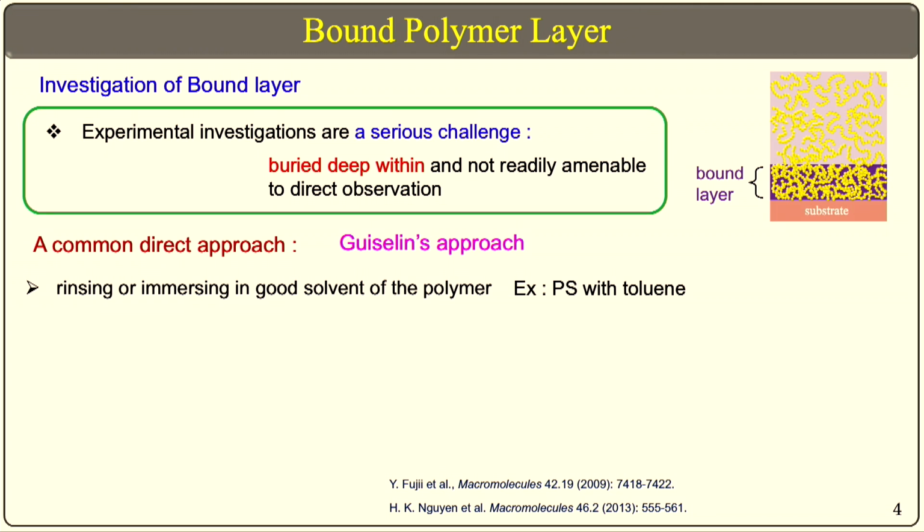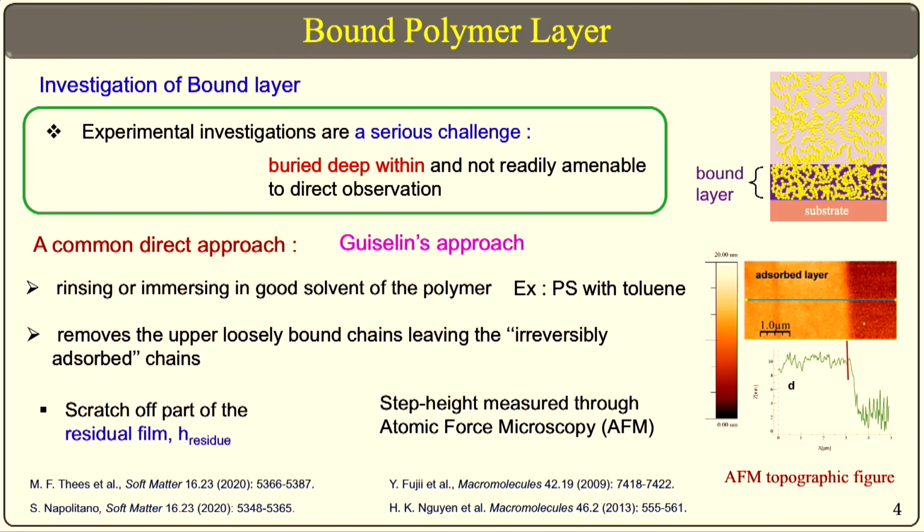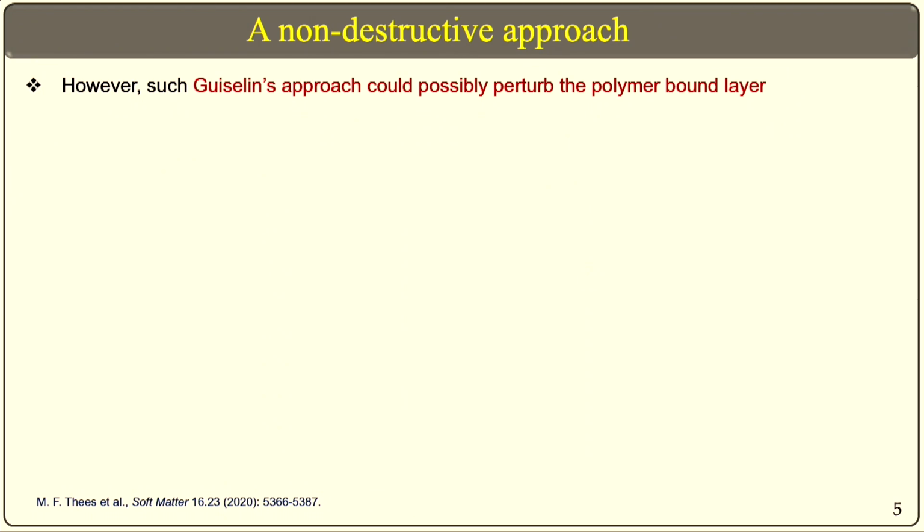We basically take the polymer film and rinse or immerse it in the good solvent to determine the layer. This is an atomic force microscopy topography image where you can see the adsorbed layer completely different from the rest of the film. Once you form the adsorbed layer, you scratch it off, liberating part of it, to determine the step height. So this is more of a destructive kind of measurement. However, it gives one way of estimating such an adsorbed layer. I'll come back to this approach later on.